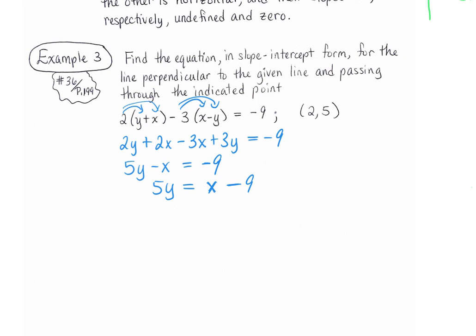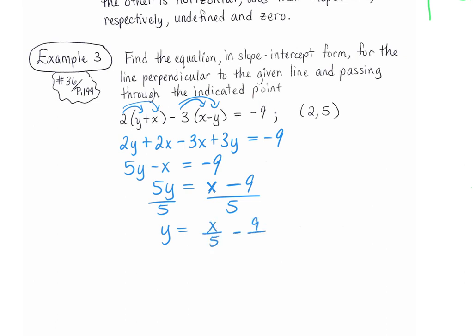Good. Okay, next row all the way across. You divide by 5. Good. Divide by 5, right? To get what? y equals x over 5 minus 9 over 5.